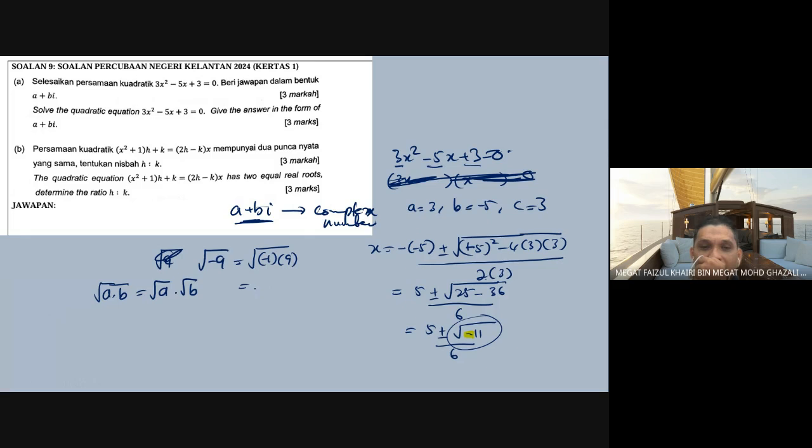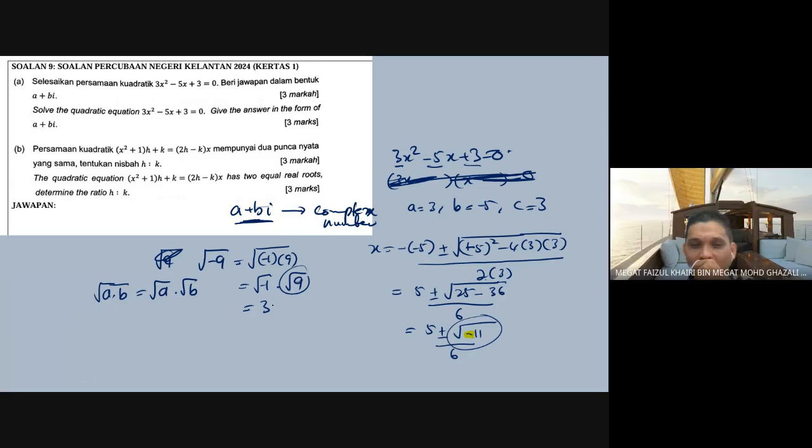So this comes out with square root of -1 times square root of 9. Square root of 9 equals 3. Good. Square root of -1 is not 1i. It is i. i equal to square root of -1.